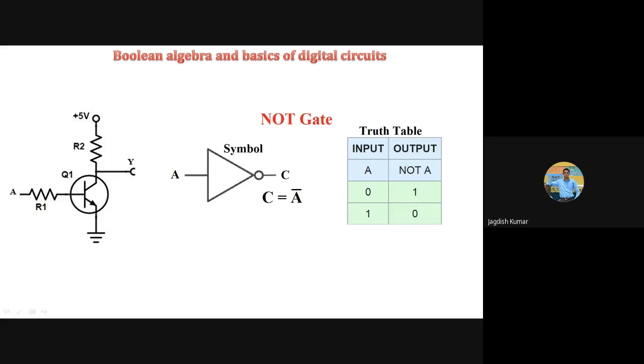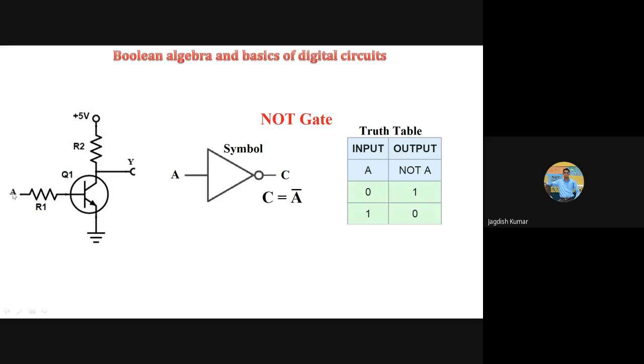If at the base we apply some positive voltage with respect to the emitter, then the base emitter junction will be forward biased. And if the bias voltage is high enough, this transistor will be driven to the saturation state, and it will act as a kind of closed switch.